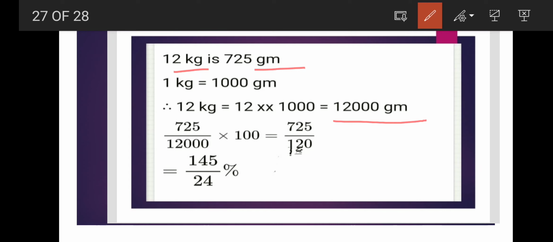So now you can tell me what percent you will get here. When you divide, you will get 1 by 24%. This you will get it here.